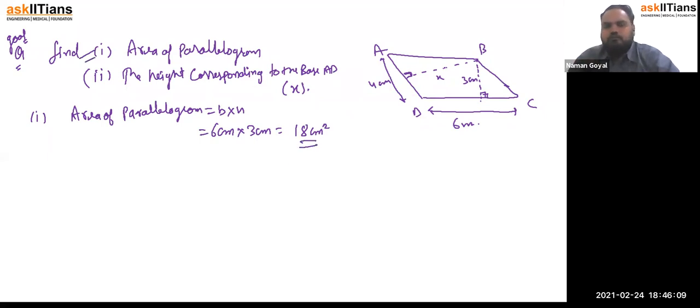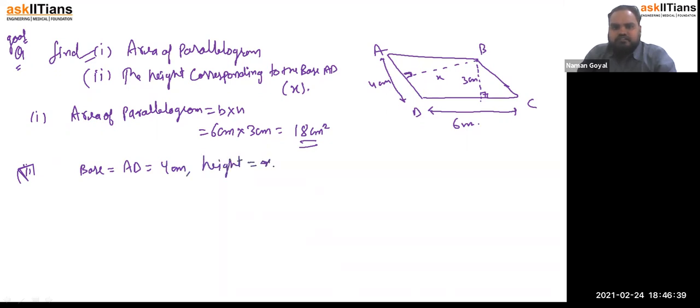Fair enough. Now for the second part, the question is asking for that x. Got it? For this same parallelogram we can take AD as the base and this x as the height. So for the second part, the base is AD, which is 4 centimeter, and the height is x centimeter.